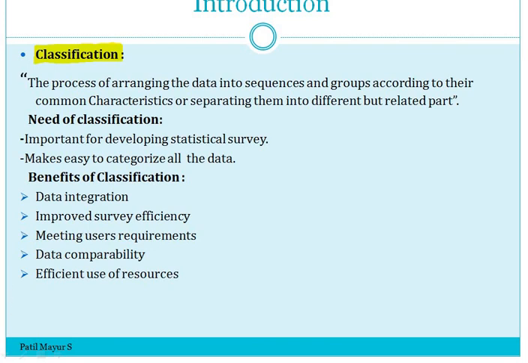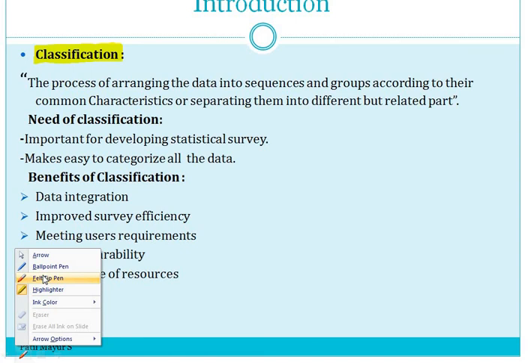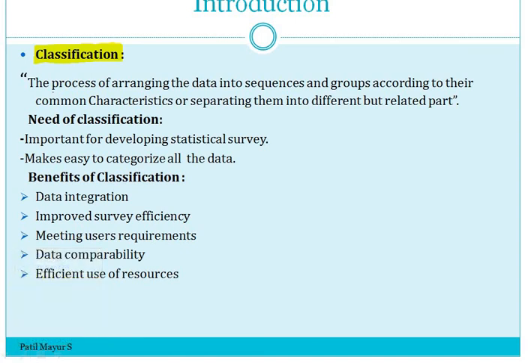Now, let us see the definition of classification: the process of arranging the data into sequences and groups according to their common characteristics, or separating them into different but related parts. This phrase, common characteristics, is important. So what do we do in classification?